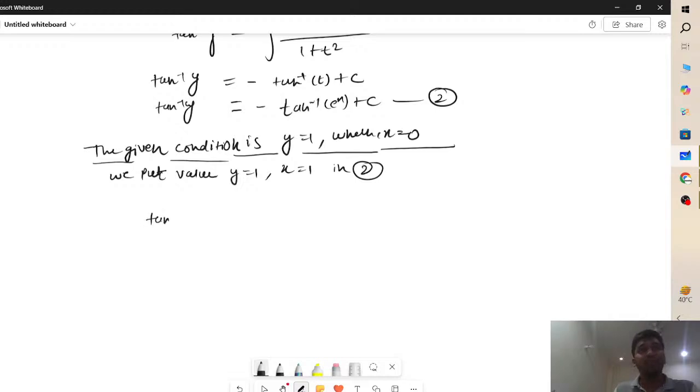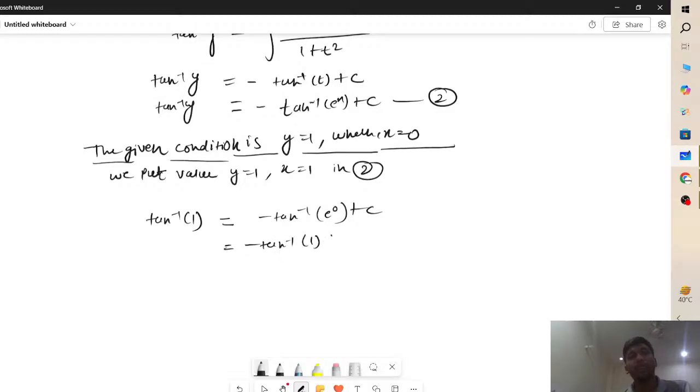Tan inverse 1, which is pi by 4, equals minus tan inverse e raised to the power 0 plus c. Now can anyone tell me what is the value of tan inverse 1? And tan inverse e^0 is what?